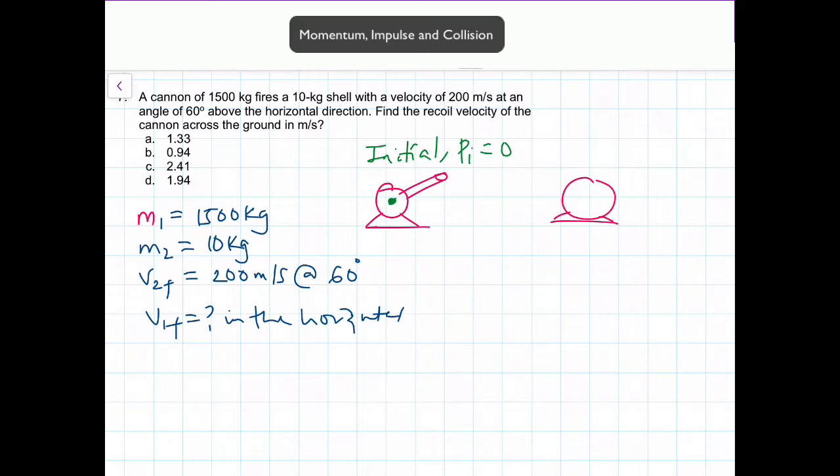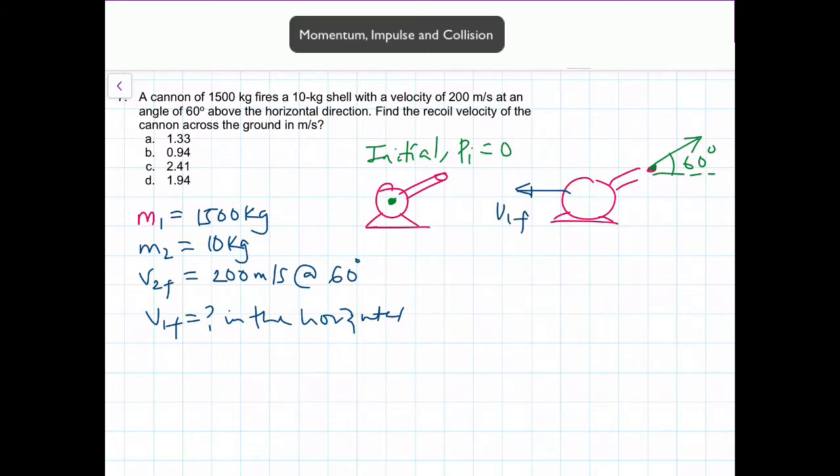You have the shell, shot at an angle of 60 degrees with the horizontal. Now what we are asked to determine is V1 final along the horizontal direction.